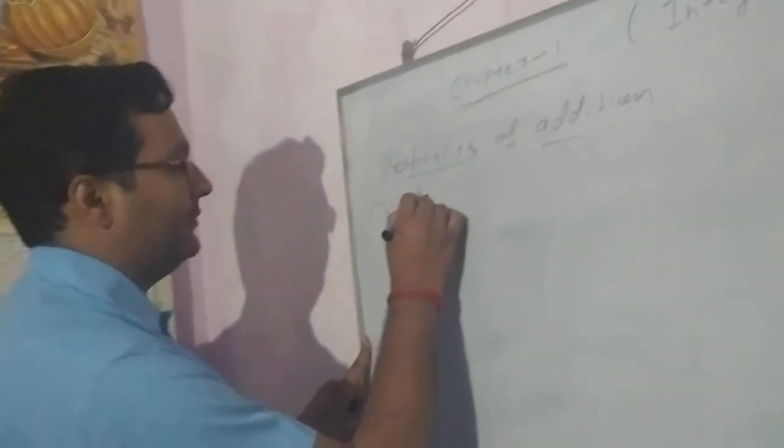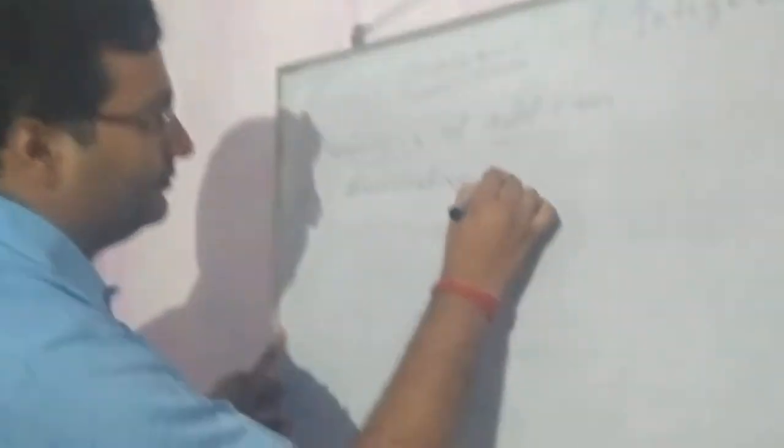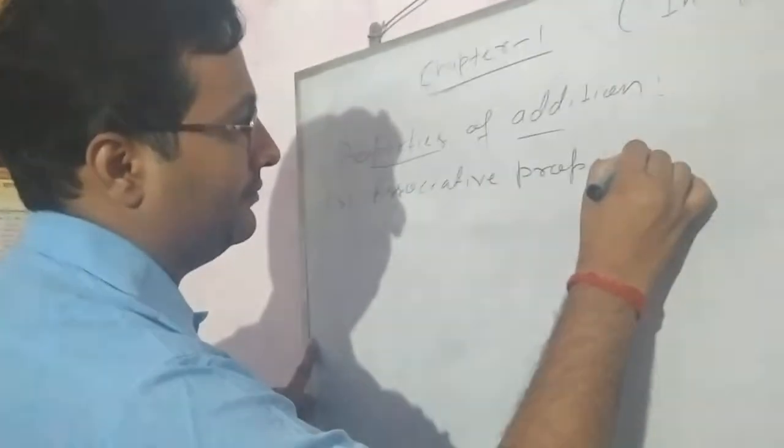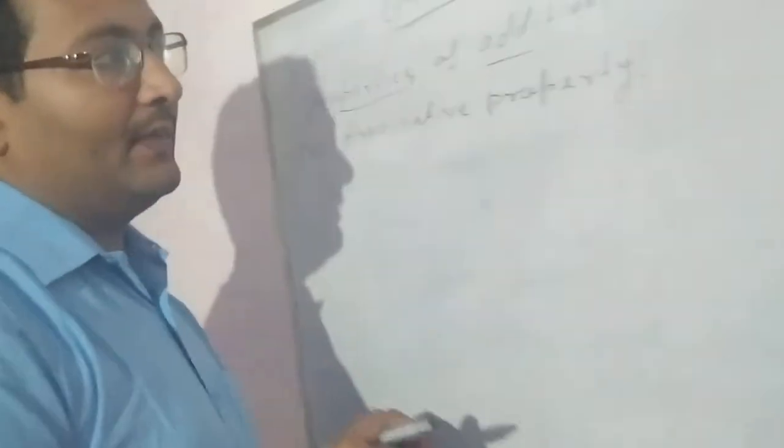Now third, associative property. This is for three numbers. Okay.